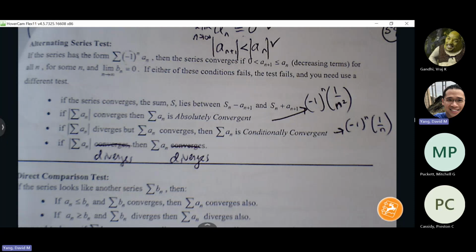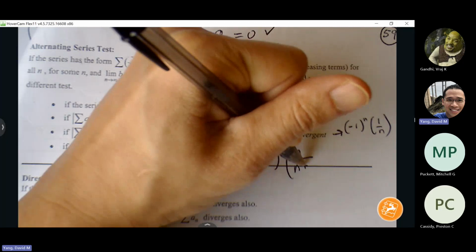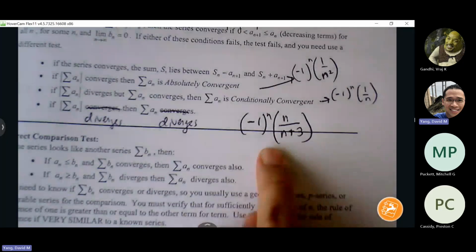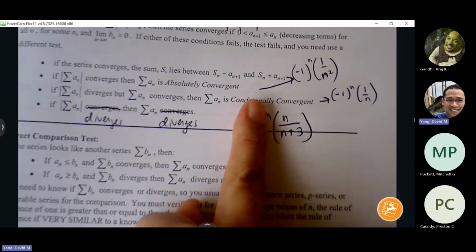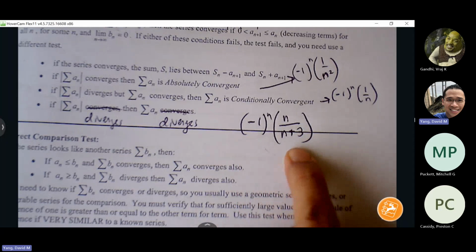For instance, (-1)^n times n over n plus 3 fails the nth term test because the limit does not equal 0. It doesn't matter with that alternator there, it still fails the nth term test.